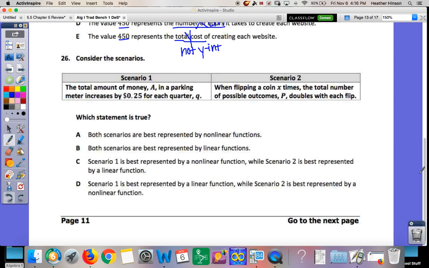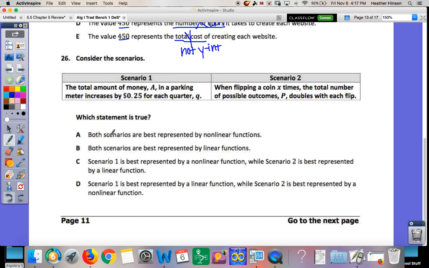Okay, 26. Considering the scenarios, which one is true? So the total amount of money A in a parking meter increases by 0.25 for each quarter. So, let's read the other one. Scenario 2. When flipping a coin X times, the total number of possible outcomes P doubles with each flip.